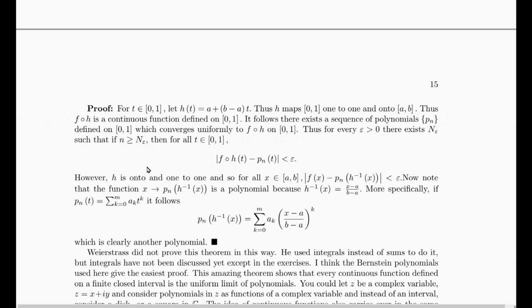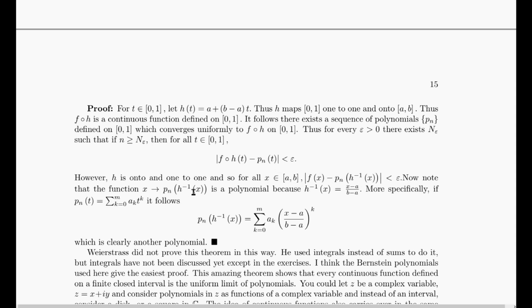And now h is one-to-one and onto, so for all x an element of [a, b], I can look at t equal to h inverse of x, and write this down, and this will be less than epsilon for all x.